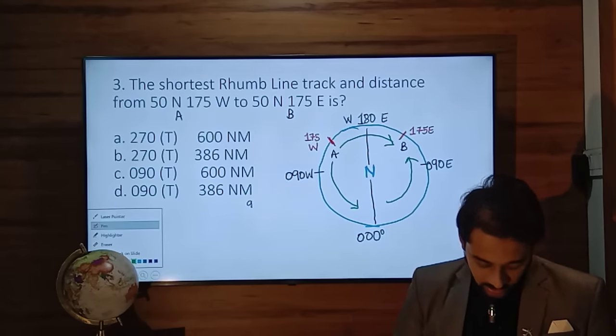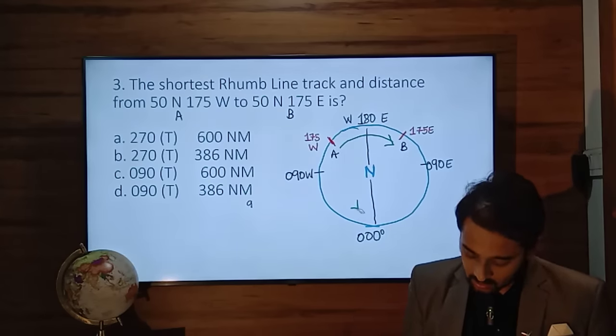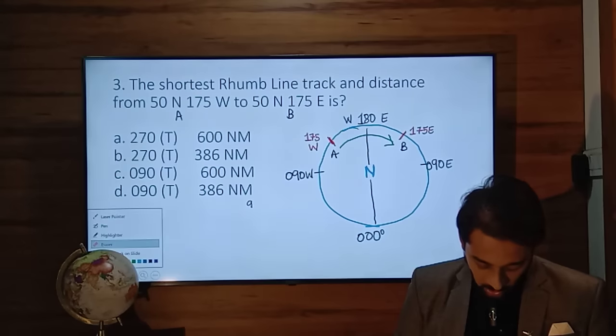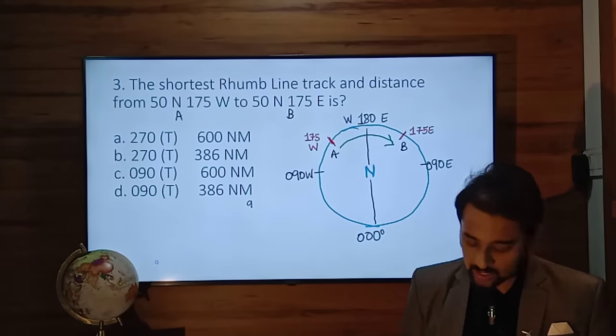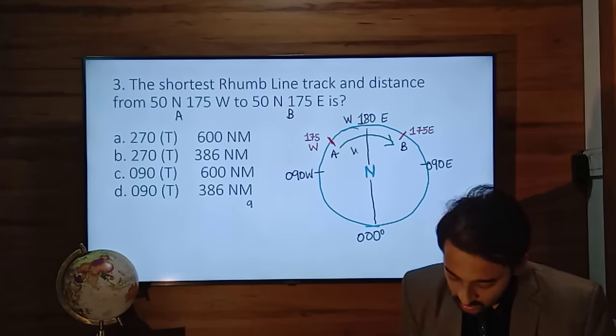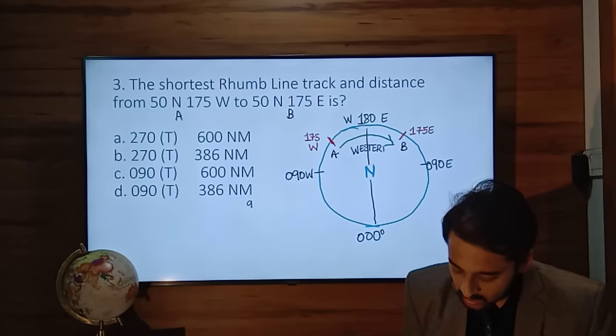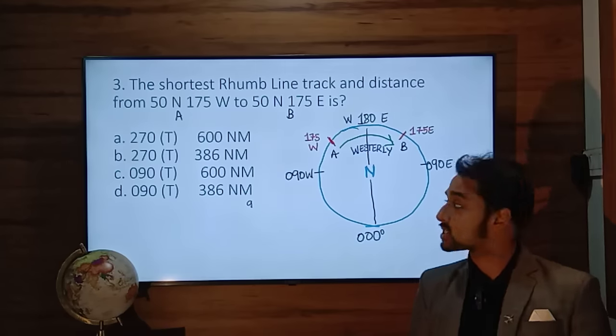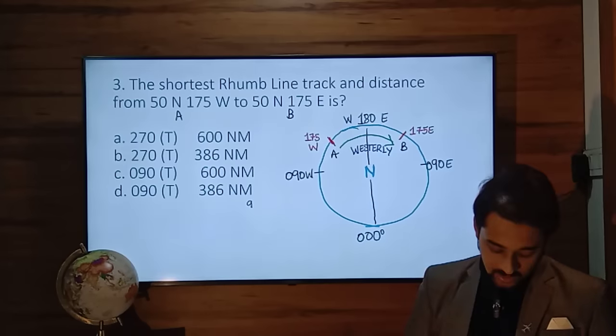So I'm going to erase these two arrows because we have made a decision to fly clockwise. Now all clockwise directions will be westerly directions. All clockwise directions are westerly directions.